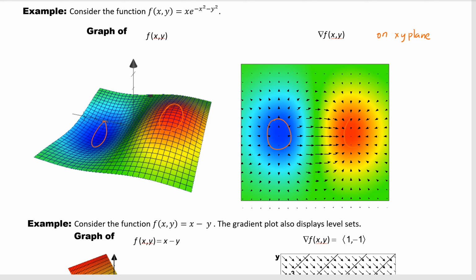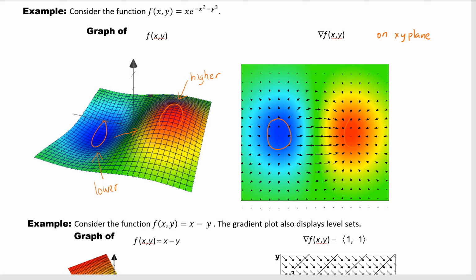Look at those arrows. You see the arrows are going from the lower place to the higher place, right? From this picture, you can see this one is higher, with larger z values, and this one is lower, with lower z values, right?